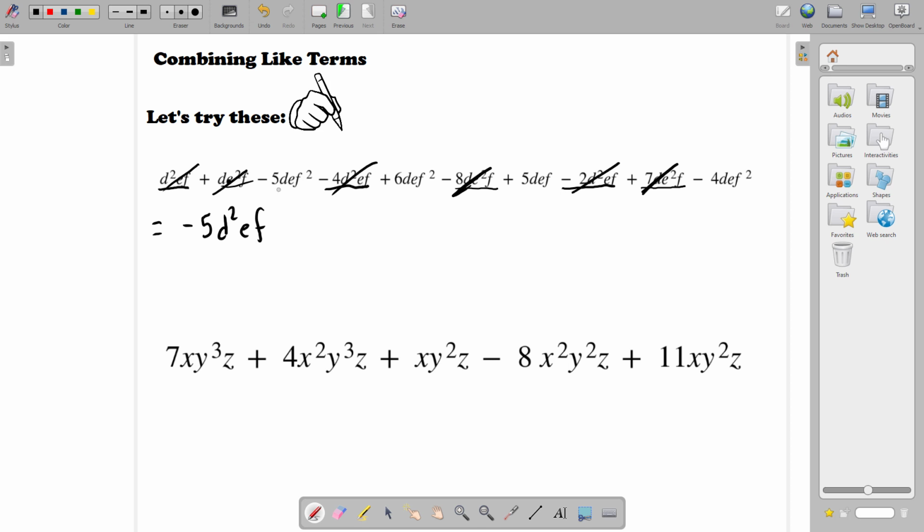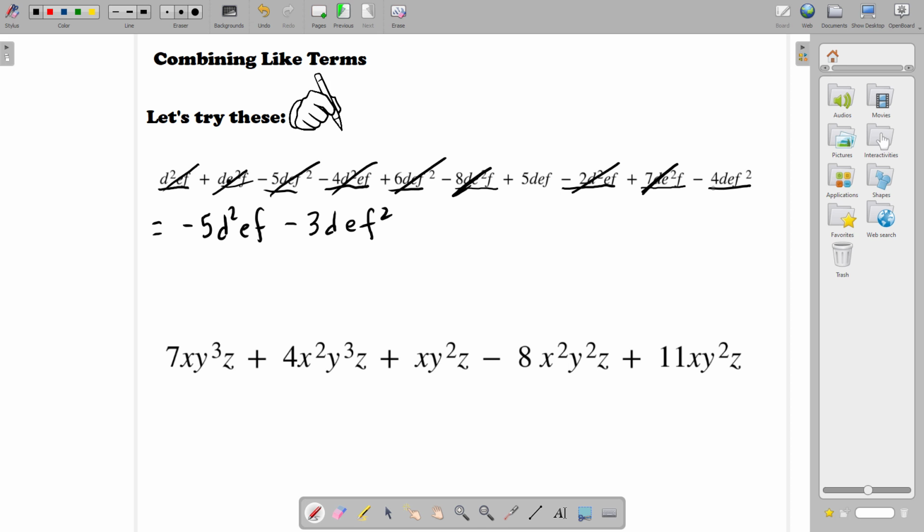Then we have a DEF squared term. Here's another DEF squared term, and here's another DEF squared term. So I've got a negative 5, a positive 6, which is a positive 1, and a negative 4, which would give me a negative 3 DEF squared term.